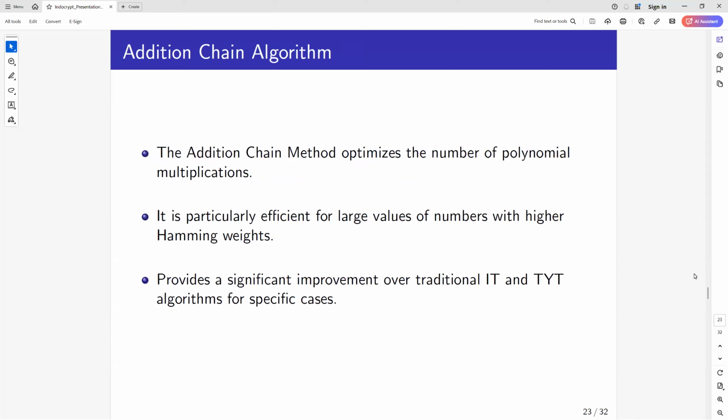The addition chain method optimizes the number of polynomial multiplications. It works more efficiently when we have larger Hamming weights, and it provides significant improvement over the other variants.